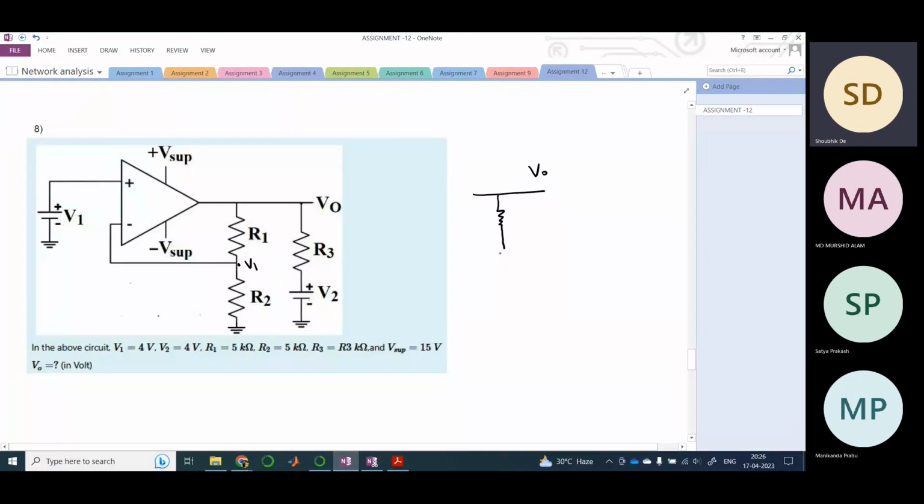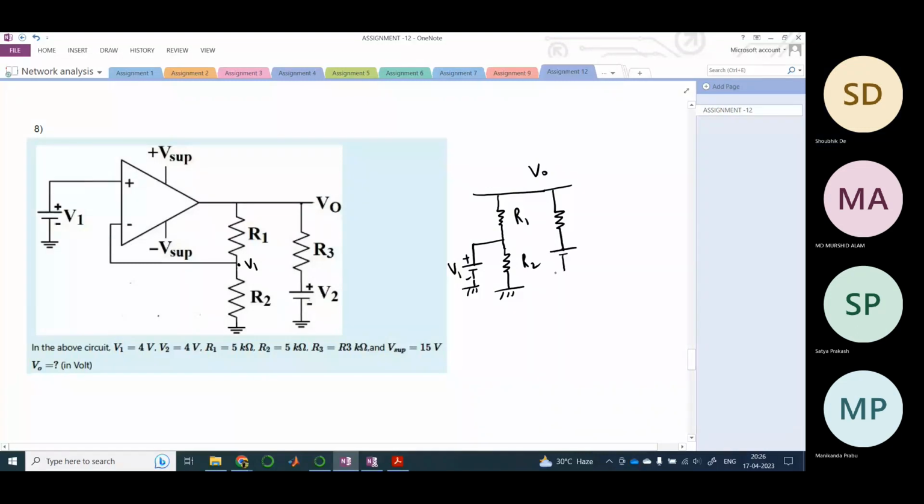This is R1, R2, this is V1, and this is V2 and R3.